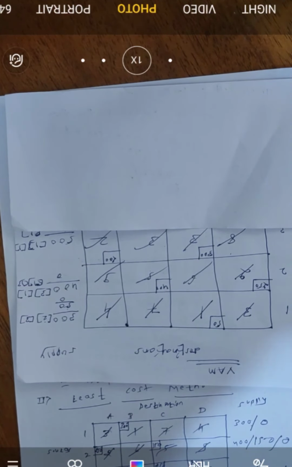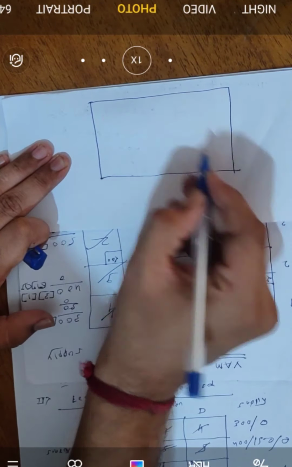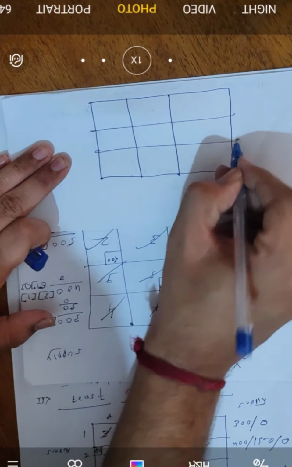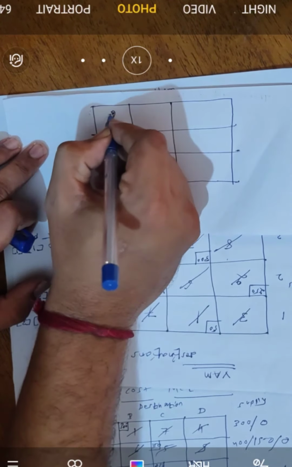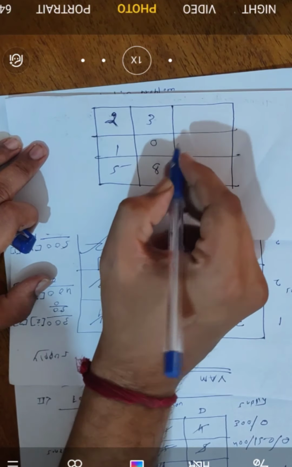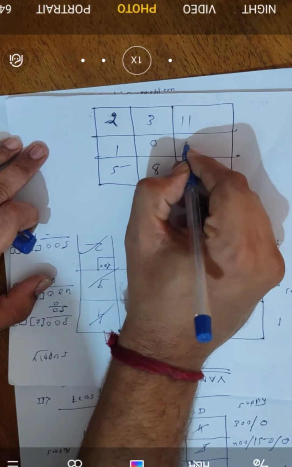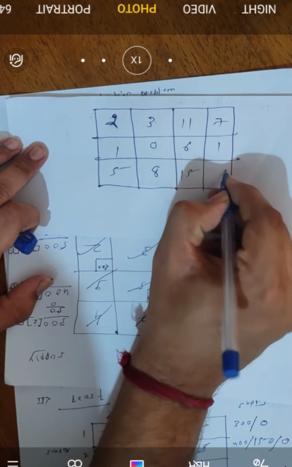So I will give you one problem. Here also three sources are there, three destinations are there. 2 15 308, 11 6 15, 7 1 9.